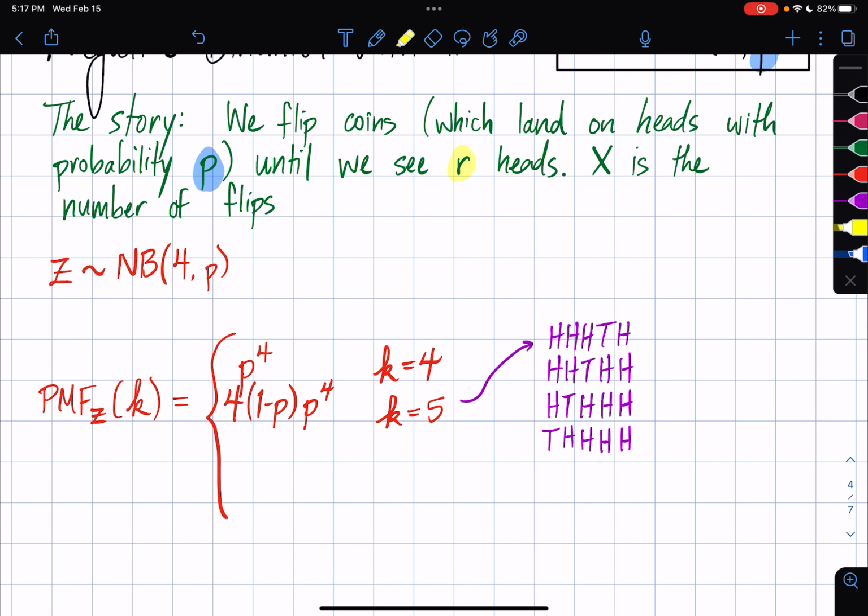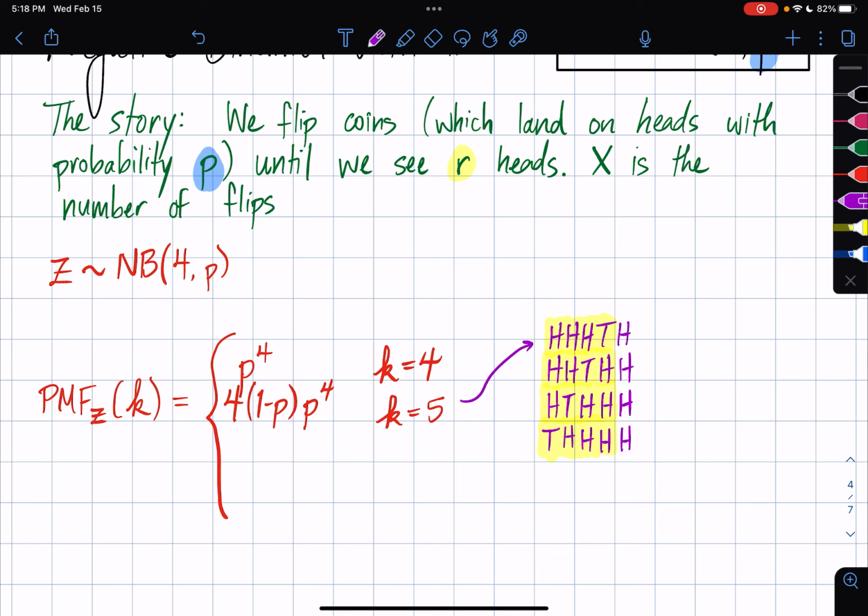So what's going on here that I want to emphasize is that what we need to happen in order to have this happen in exactly k flips is that we have exactly 3 heads in our first k minus 1 flips, and then a head on the next one.